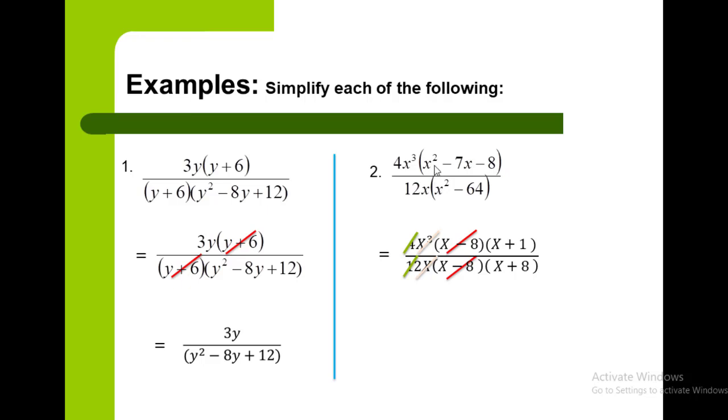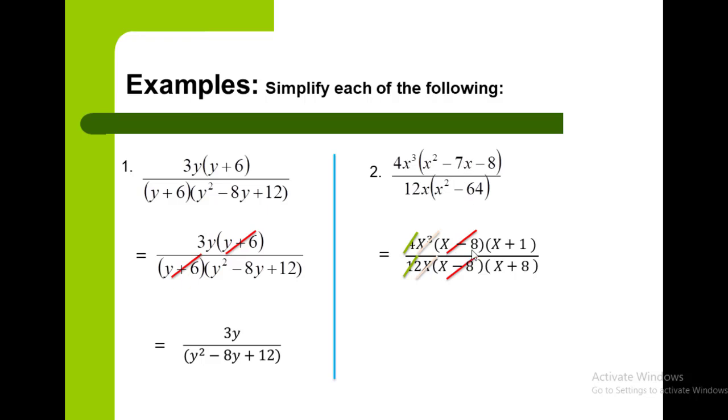The first term x squared will be factorized into x and x. And 8, its factors are 8 times 1 or 4 times 2. We will choose 8 and 1 because 8 minus 1 equals 7, the middle term.